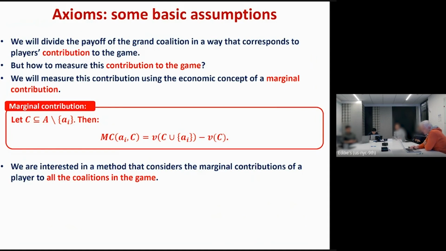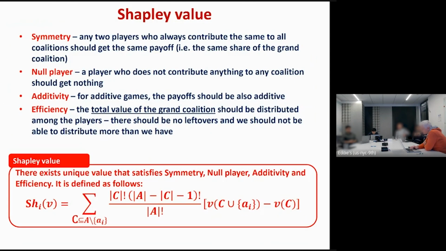So Shapley and Banzhaf values are defined around this concept, that we want to consider the marginal contribution of a player to all coalitions in a game. Down there on my slide you have one of the possible definitions of the Shapley value.